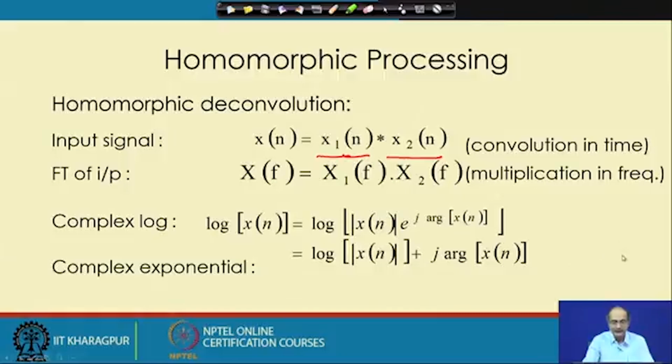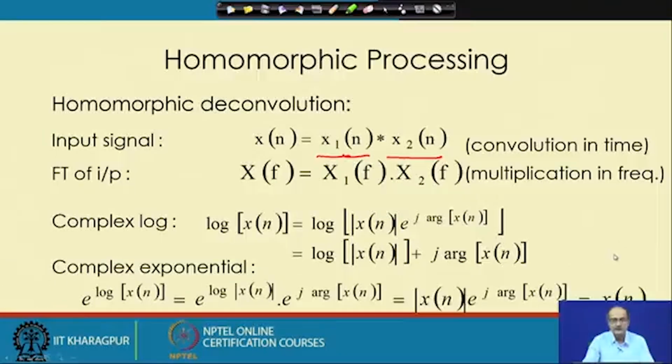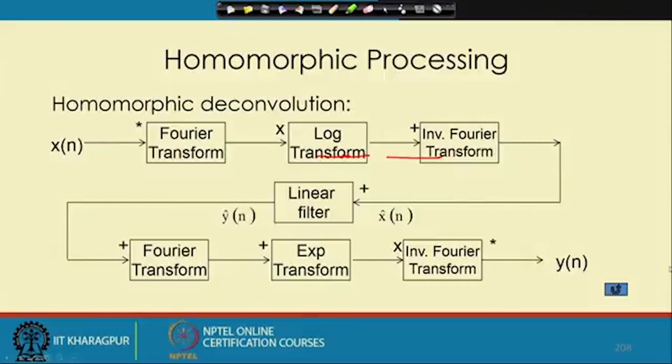Then we also need to take the complex exponential in this whole game, because we need to come back to the original domain. So, we need to cancel the effect of the complex log, and if we take the complex exponential of the complex log of the quantity, we get back the same output.